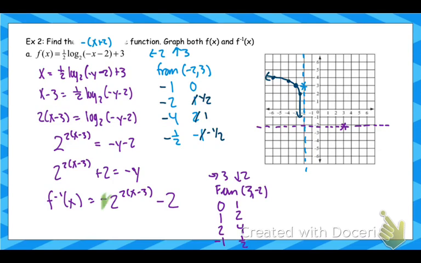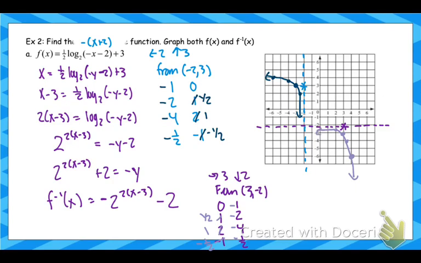This function has a reflection over the x-axis. And this function has a horizontal compression by 1/2. So from that new point, over 0 down 1, over 1/2 down 2, over 1 down 4, and then left 1/2 down 1/2. And there's my exponential function.